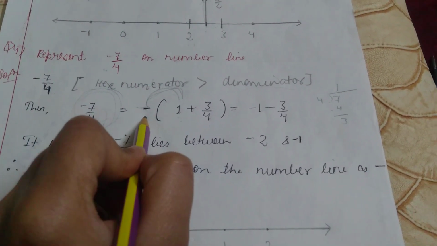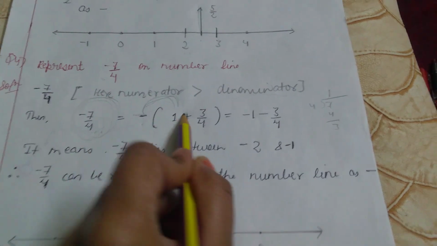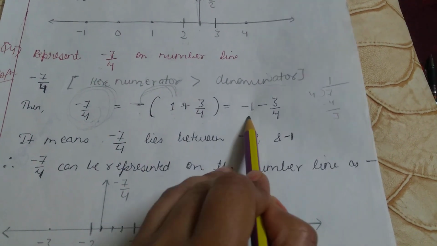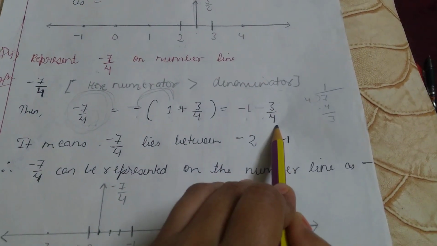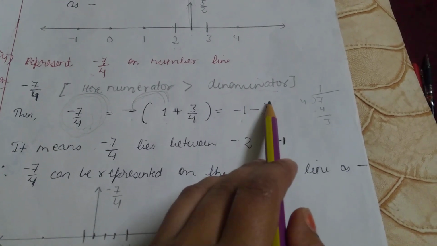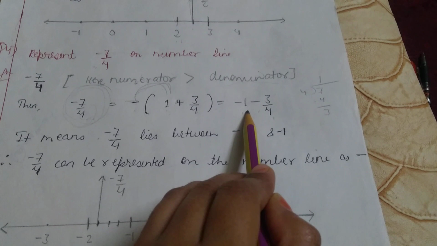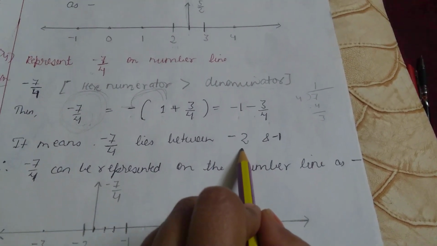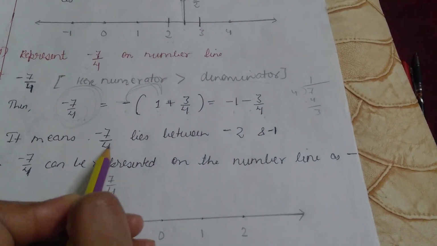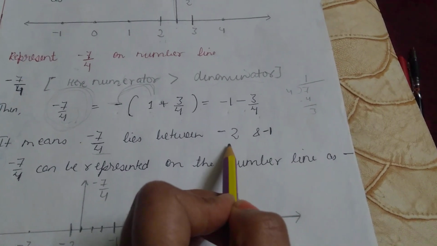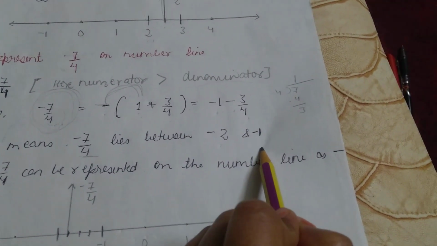The minus sign is outside, then we will take the minus sign inside. It will come minus 1 minus 3 by 4. It means this number is smaller than minus 1 but greater than minus 2. So minus 7 by 4 will lie between minus 2 and minus 1.